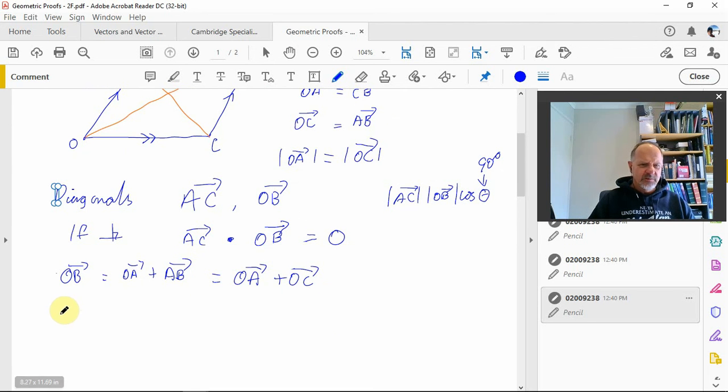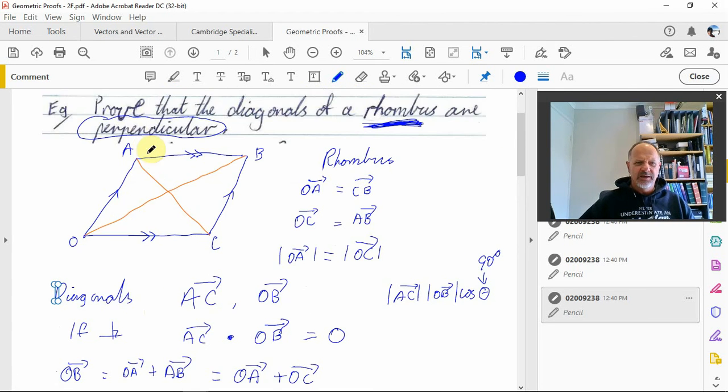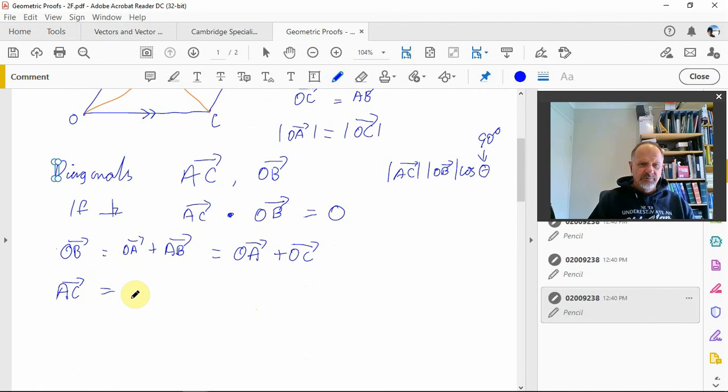The other diagonal is diagonal AC. So how can we go from A to C? We can go A to O, plus O to C. Which of course, A to O is the opposite of O to A, plus O to C. So OC minus OA.